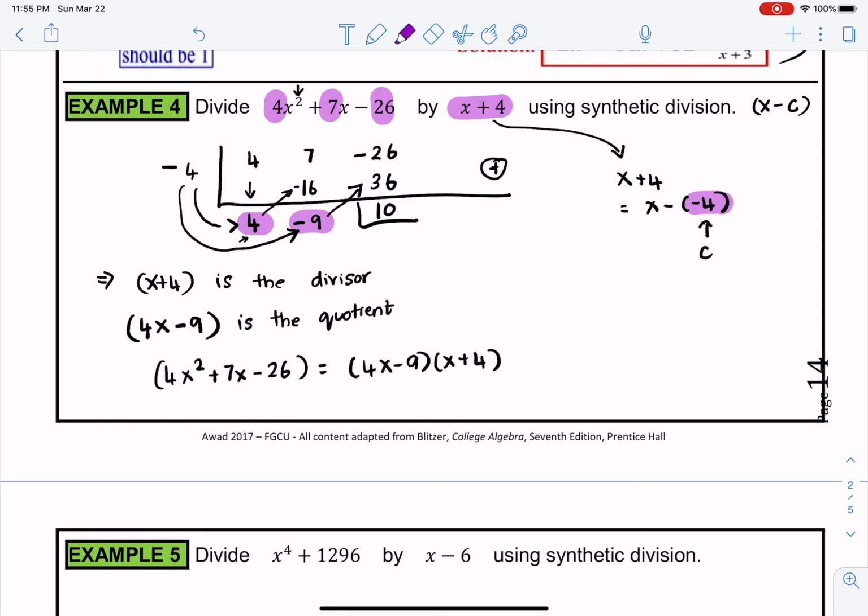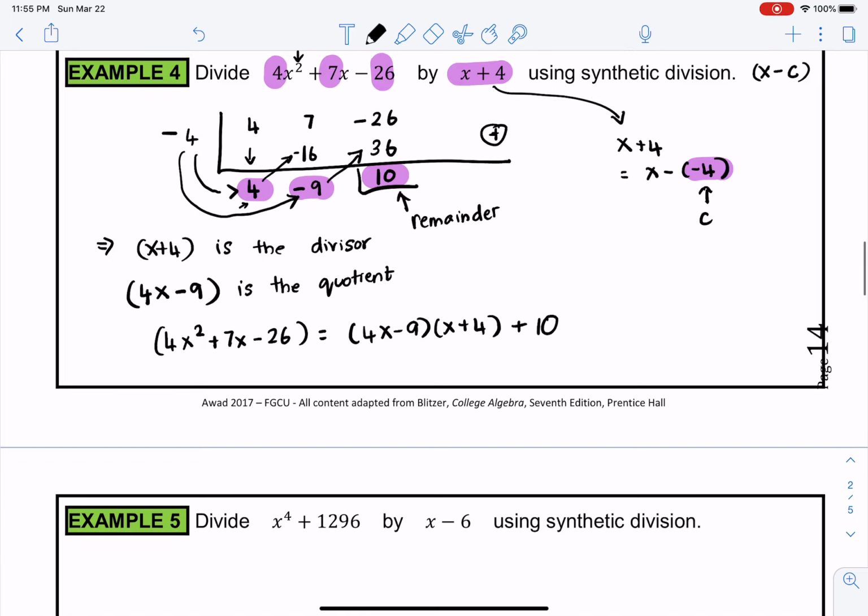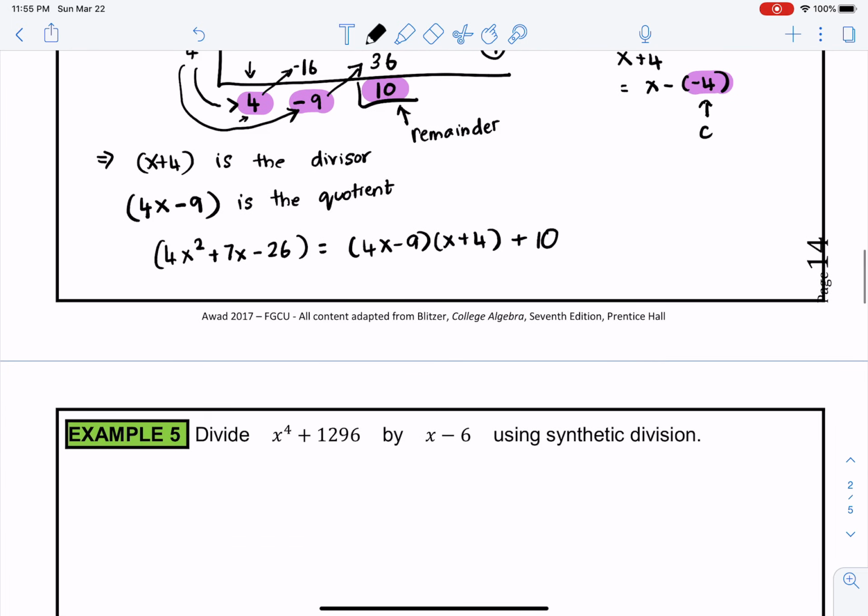So the term that we see here is the remainder, and that would be 10. And here, this particular polynomial is not fully factorable because the remainder is not 0.